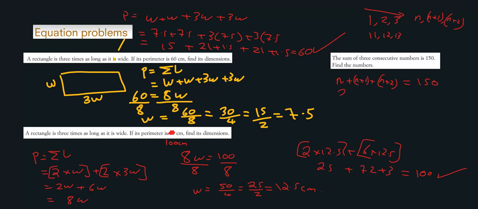Well, we collect like terms. We get 3n plus 3 is equal to 150. And we need to solve for n. So we subtract 3 both sides. 3n is equal to 147. If we divide both sides by 3, we arrive at 49.